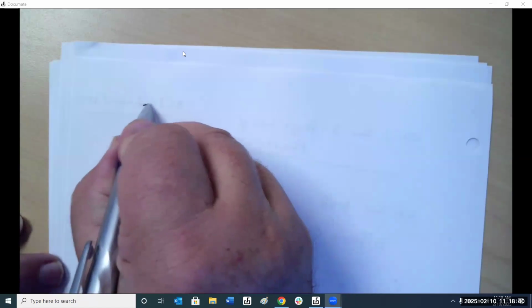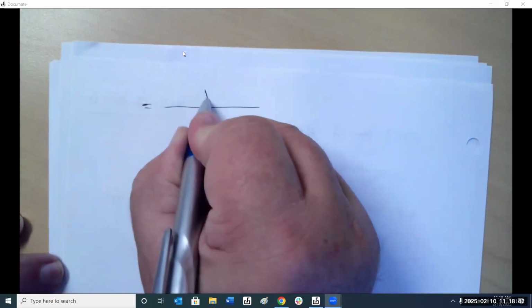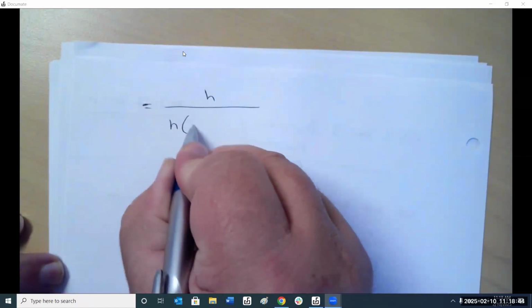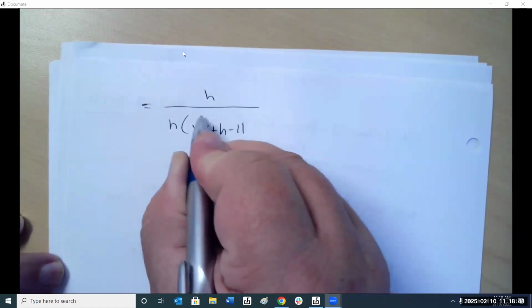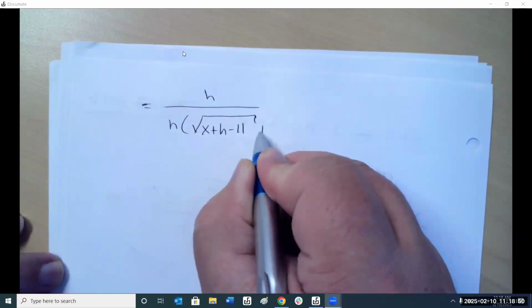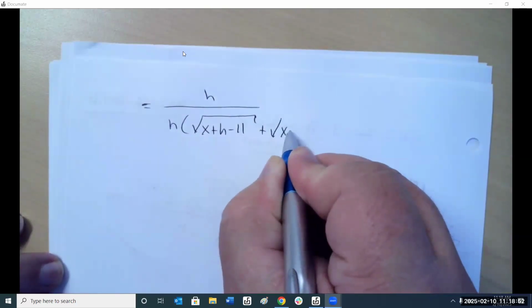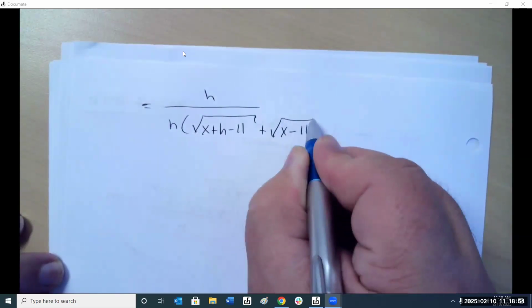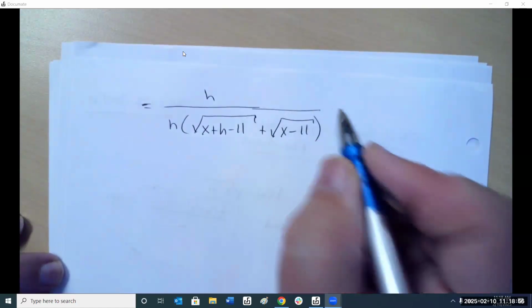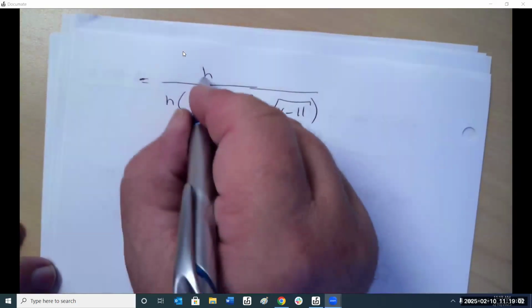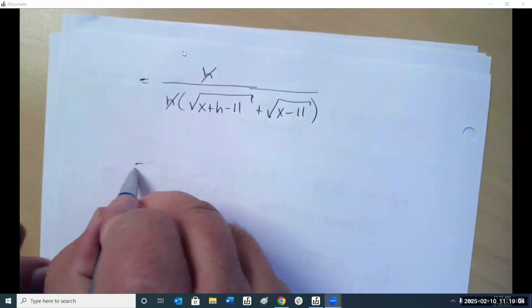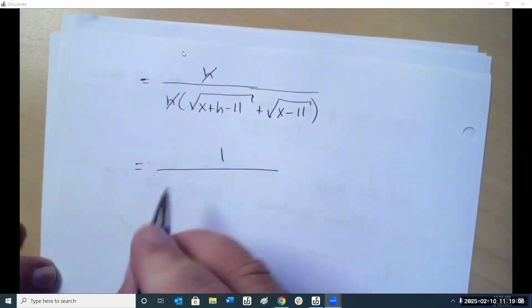So we have h over the square root of x plus h minus 11 plus the square root of x minus 11. The h is canceled.